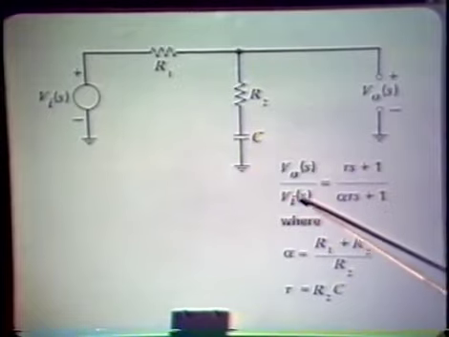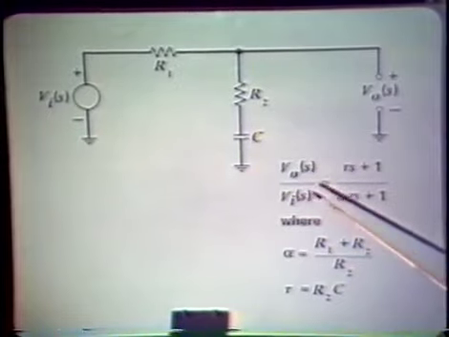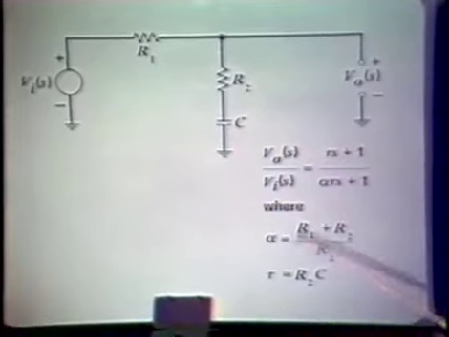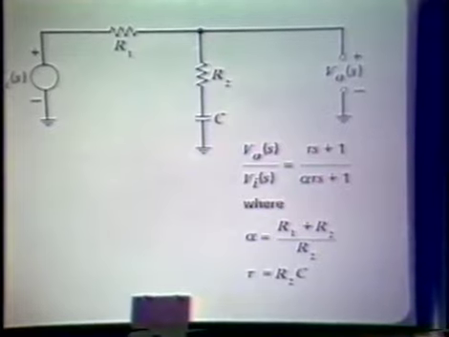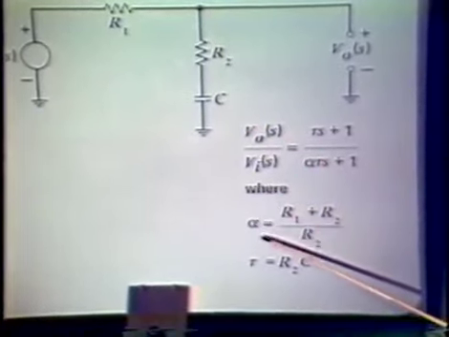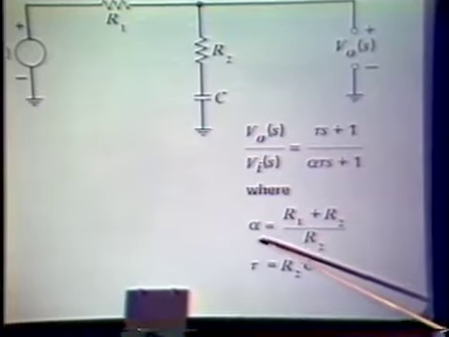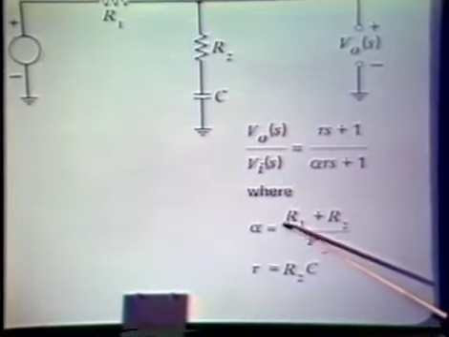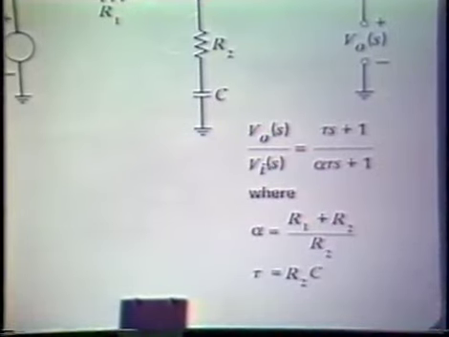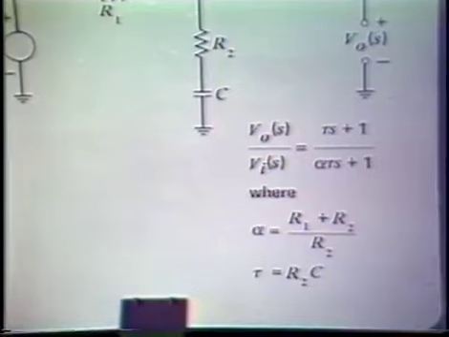The net result is that we get an input to output transfer function of the form I showed on the blackboard, tau s plus 1 over alpha tau s plus 1. Again, by doing a little bit of arithmetic, we're able to identify alpha as being the reciprocal of the attenuation ratio. Alpha is R1 plus R2 over R2, and tau is simply R2C for this particular network topology.